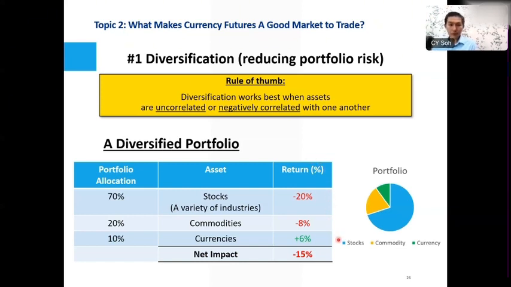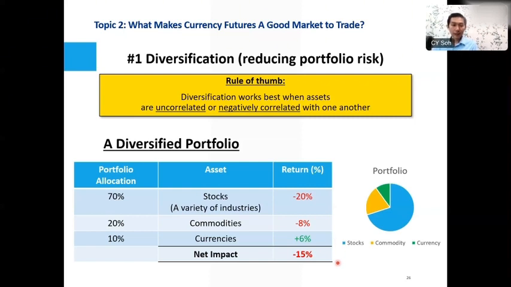Same scenario, the stock market is down by 20%. Based on the correlation figures just now, when the stock market comes down, your currency would move in the opposite direction. So if we look at the whole portfolio, even if some of your other assets are down, at least some or a few of your assets are having a gain.